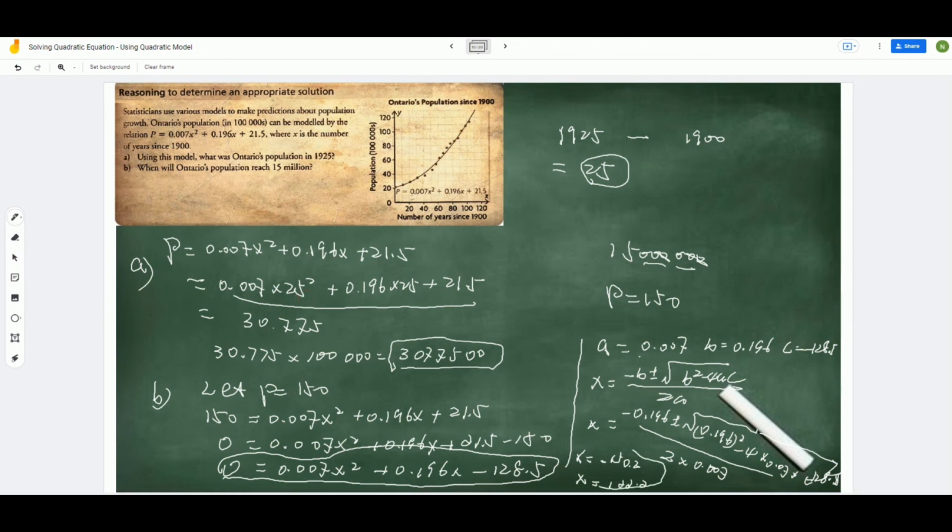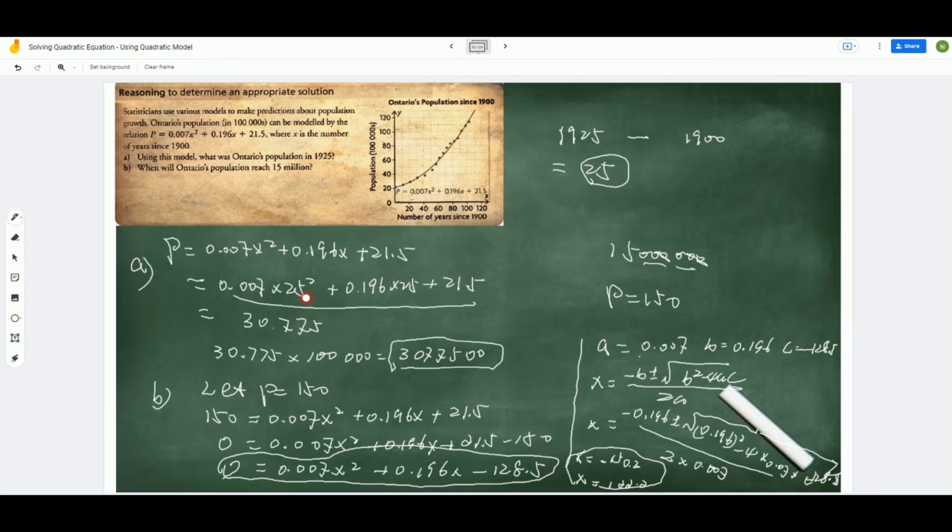The negative value does not make sense, so we take the positive one, about 120. So the answer is about 120 years after 1900.